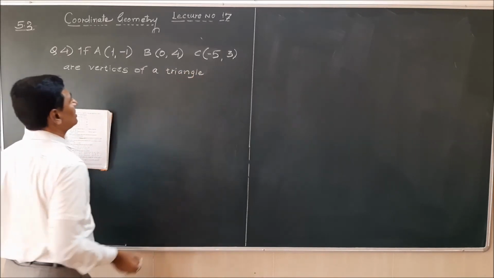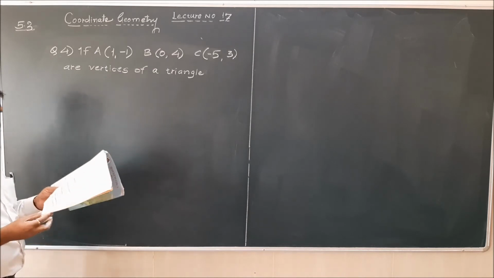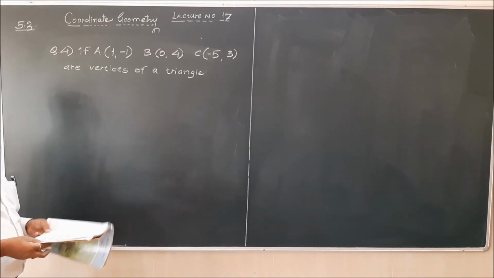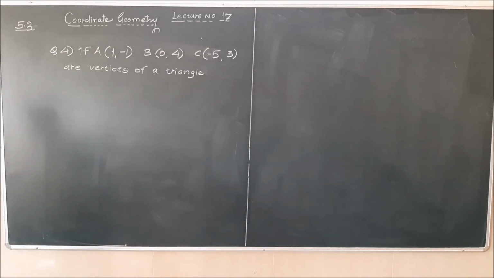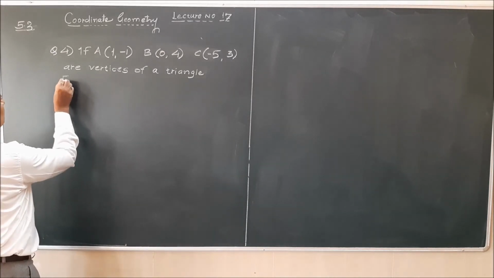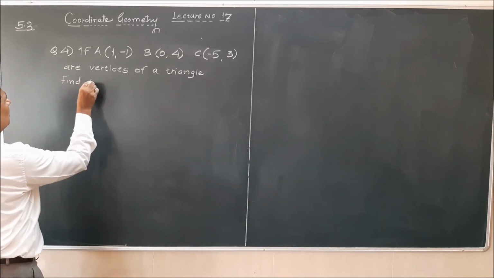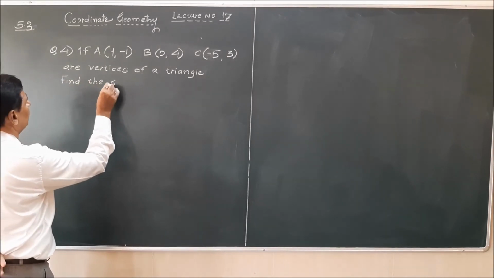These 3 are vertices of a triangle, and the question asks, find the slope of each side.